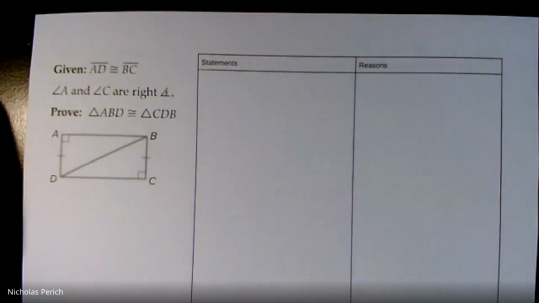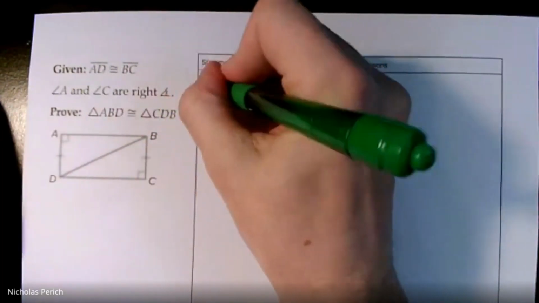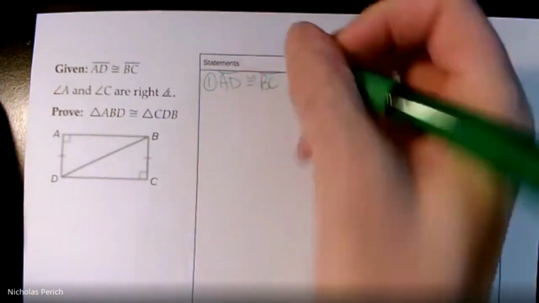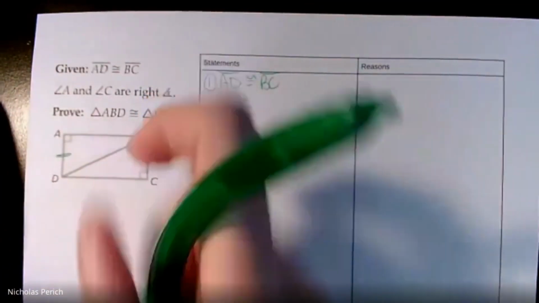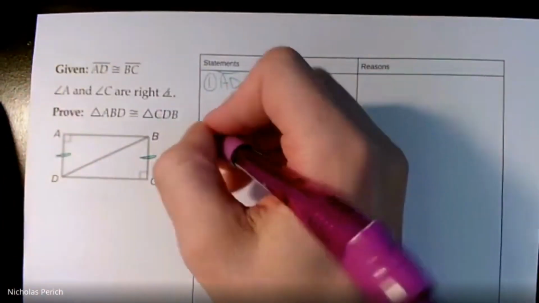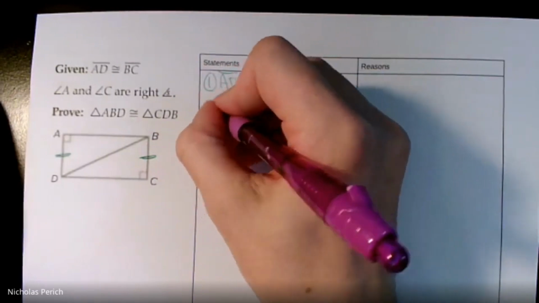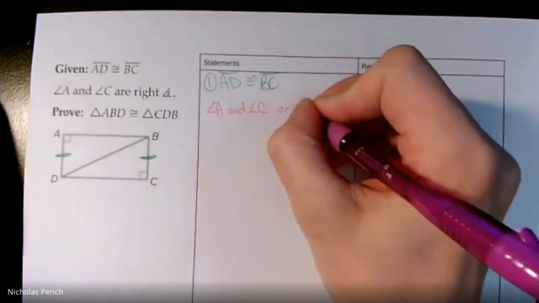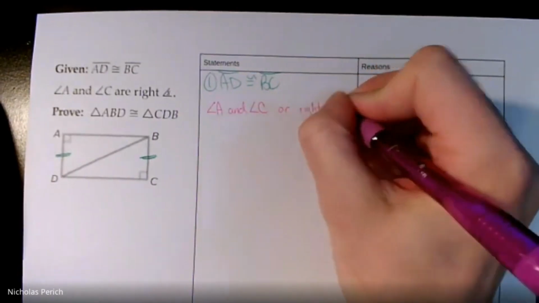Given AD is congruent to BC. So this one and this one. Also, angle A and angle C are right angles.